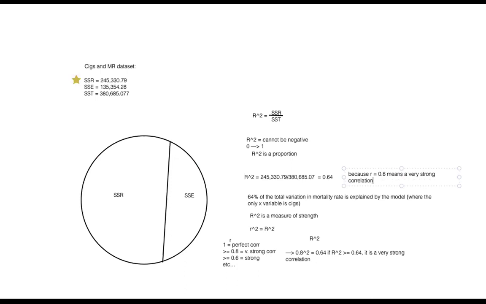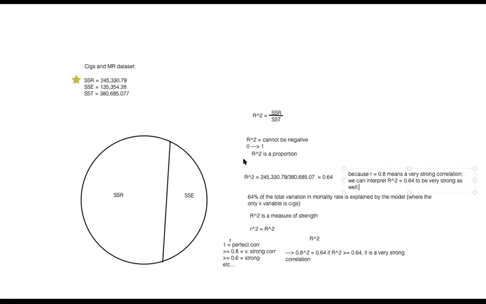That means there's a very strong correlation between cigarette consumption and mortality rate. We can interpret R squared equals 0.64 to be very strong as well.